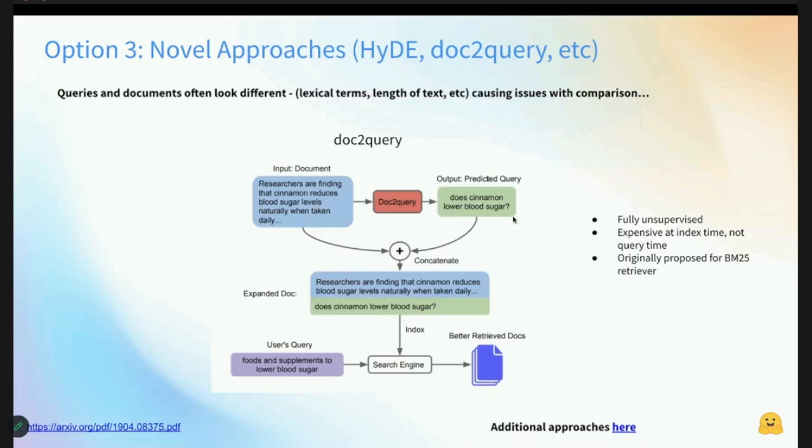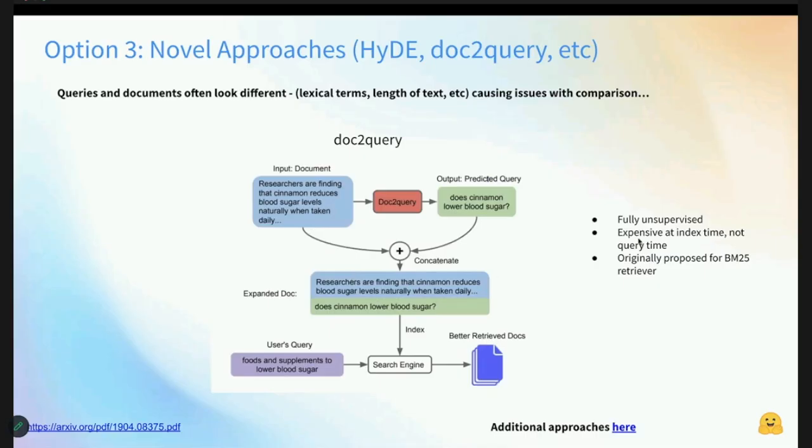Then you concatenate those together and embed this concatenated document into your index. And so now when you go and search, you're searching over an embedding that includes semantic meaning from potential hypothetical questions that would have been asked of this document, not just the document itself.